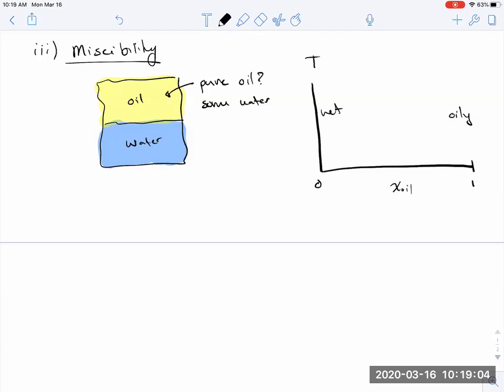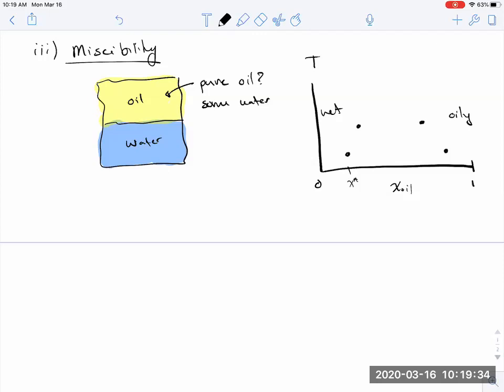And in general, there'll be some amount. Say, at this temperature, there is some mole fraction X star of oil which will be soluble in the water phase. Analogously, there's some amount of water soluble in the oil phase. Now, you all probably have some common experience that shows that if you heat things up, there's typically more mixing.